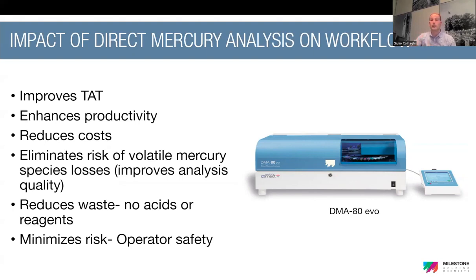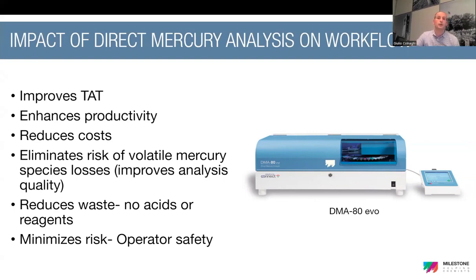We can also eliminate the risk of losing volatile species of mercury, which can happen during the sample preparation process. And we reduce the waste because we no longer use any chemicals during sample preparation. And therefore, we also do not expose the operator to hazardous substances.